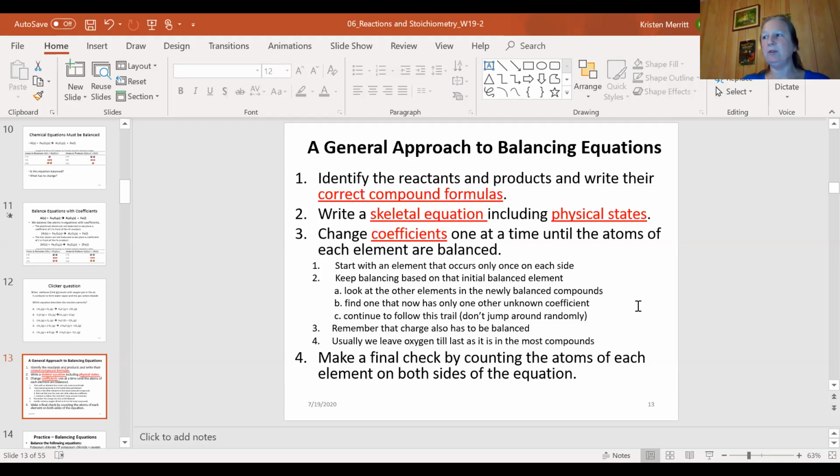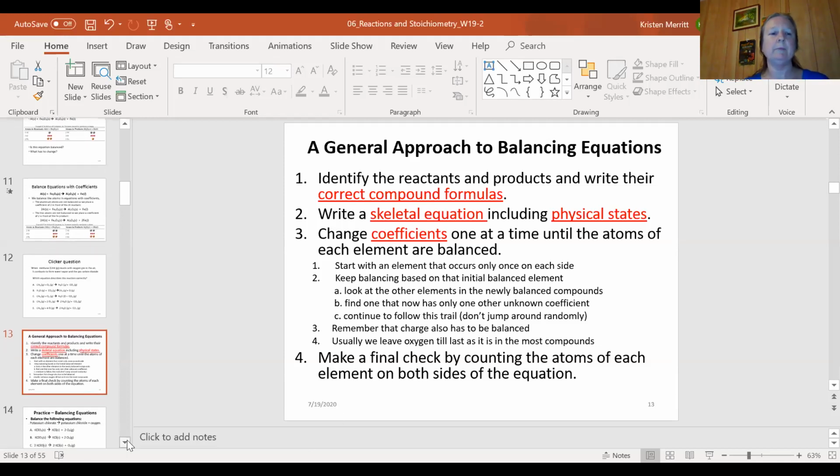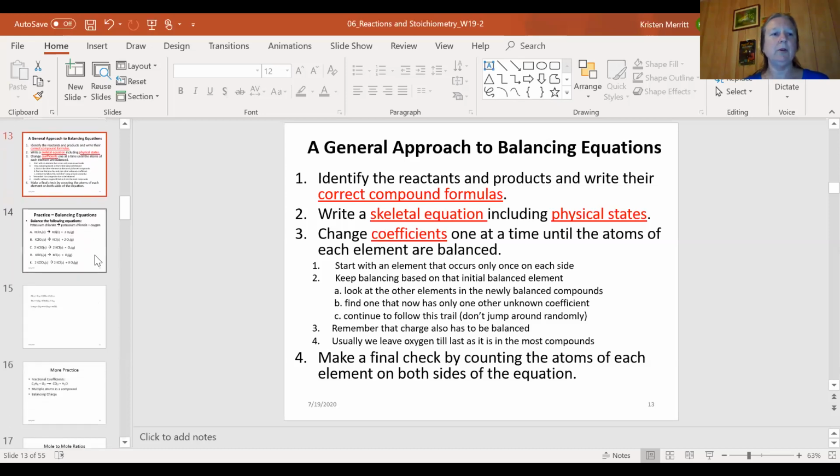And so it's the easiest to do as your last balance step. All right, that'll make sense in a minute. So I'm now going to just work through a number of these equations. And then really after that, it's just a matter of practicing.